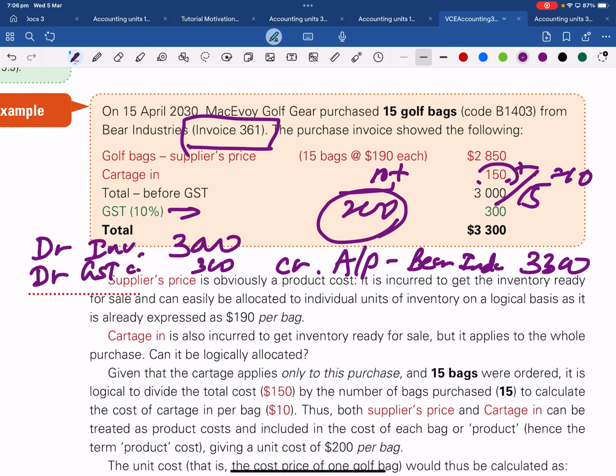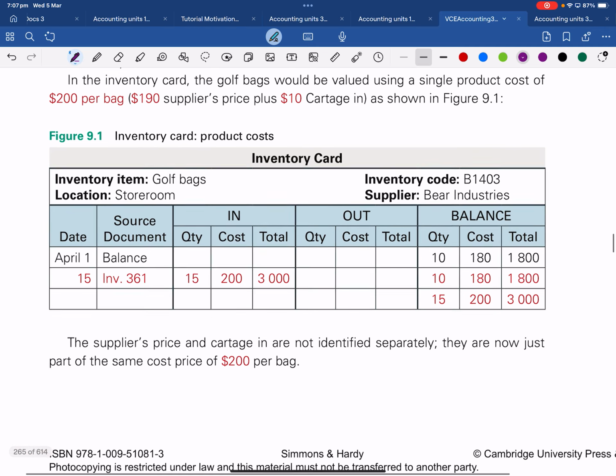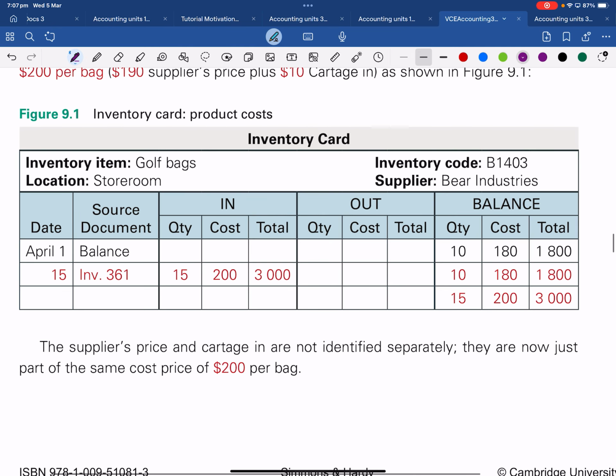How do we record it in the inventory card? The date, then you put the invoice as the source document. Remember last week we recorded the source document or the details, whichever it is. Quantity is how many bags? 15.